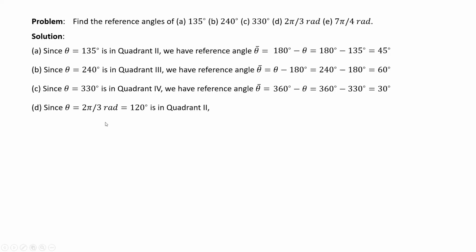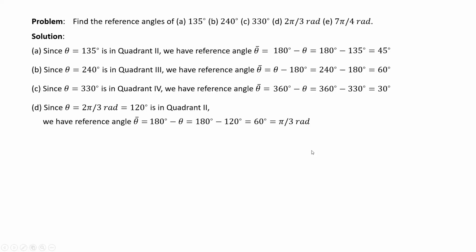So, 2 pi thirds is 120 degrees. 120 degrees, I can clearly see that being between 90 and 180, that is quadrant 2. And quadrant 2 means subtract from 180. So the reference angle theta bar is 180 minus theta, that is 60 degrees. If you want to get everything back into radians, 60 degrees is pi thirds radian.